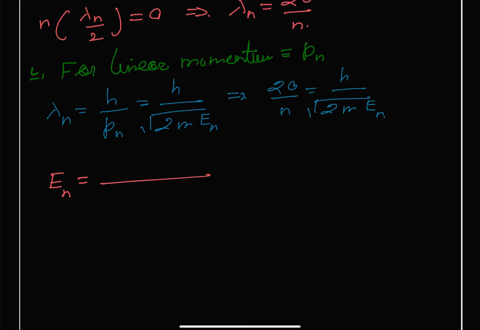So we can say E of n will be equal to n square and h square, this will be 2, 4 and 8, and we have m a square. So we only need the proportionality, so we can say E of n is proportional to a raised to power minus 2.